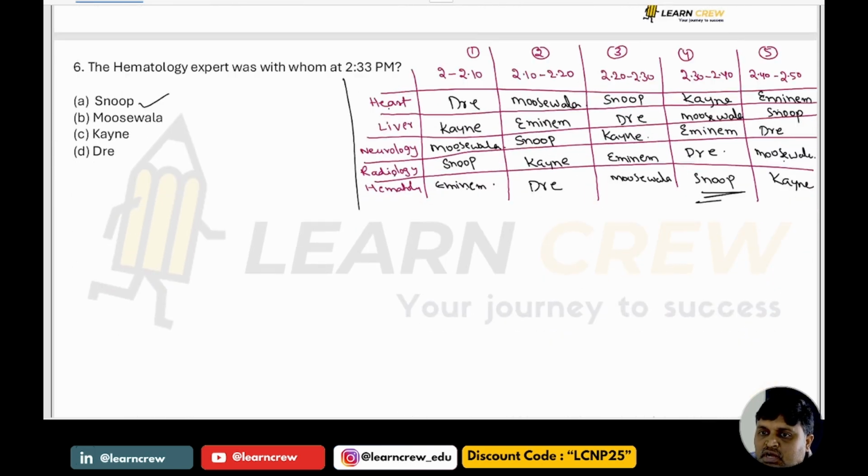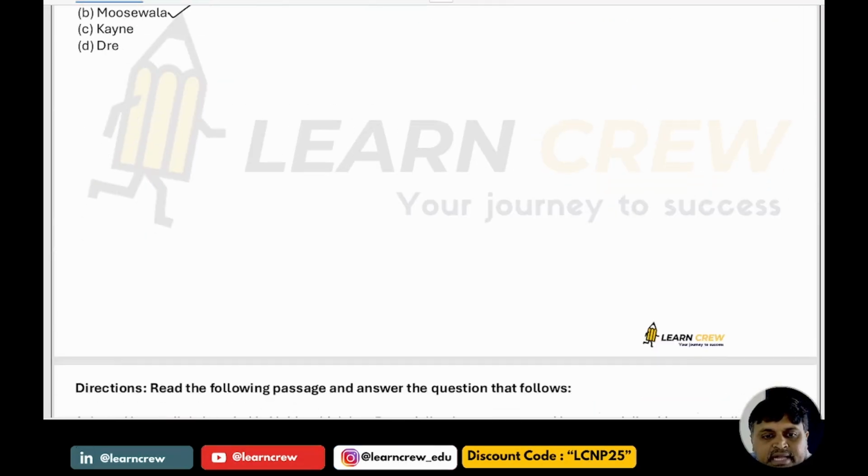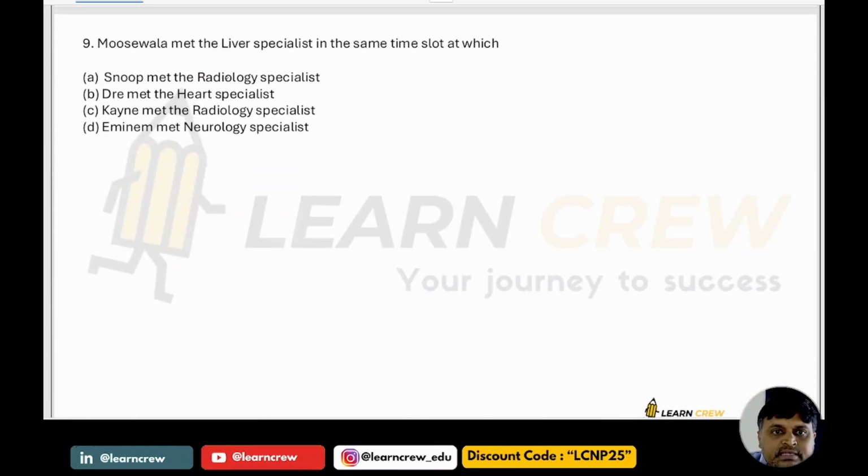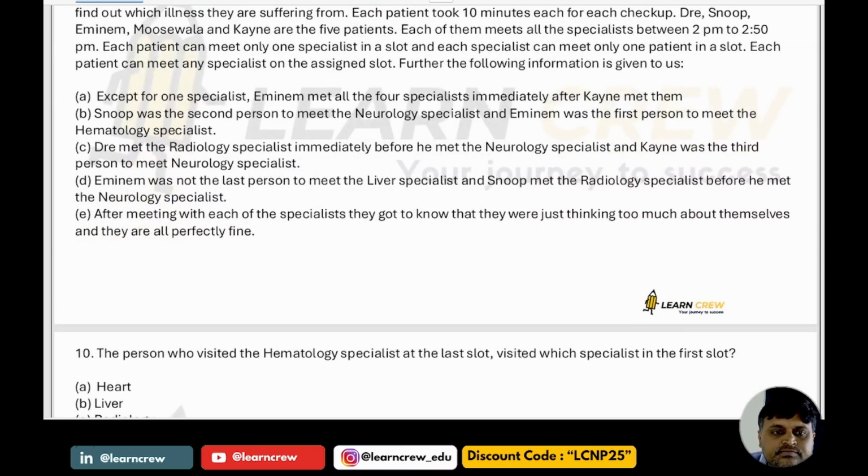So in that slot, what happened? Moosewala visited the liver specialist in the same time when Eminem met the neurology specialist. So the answer to the ninth one is option D. Now the 10th question.